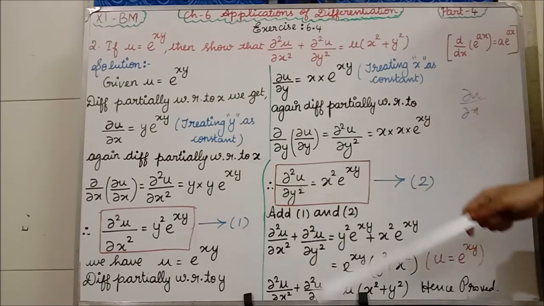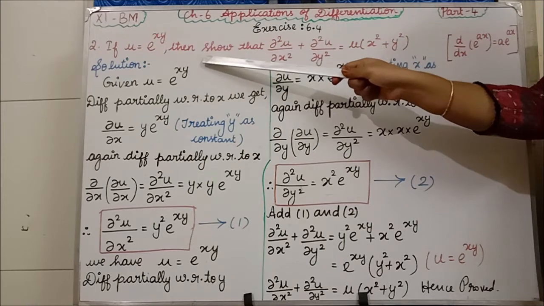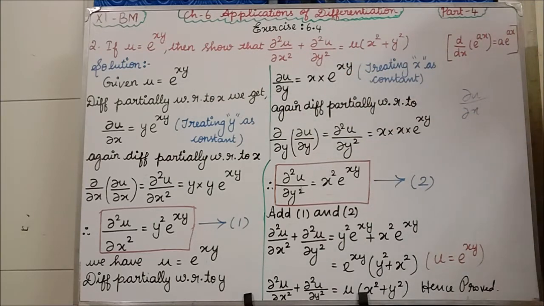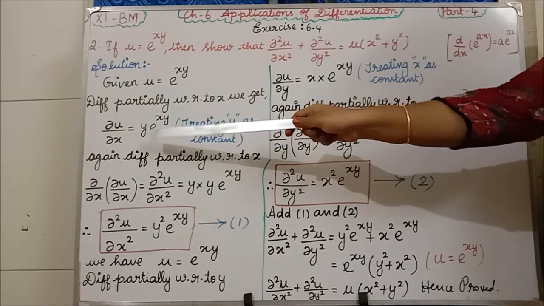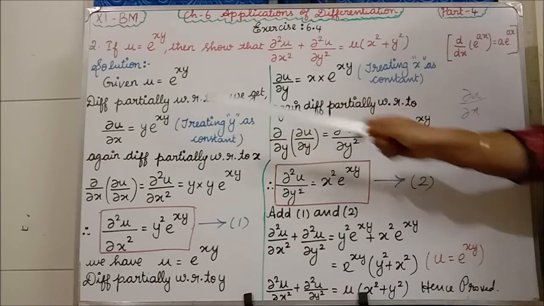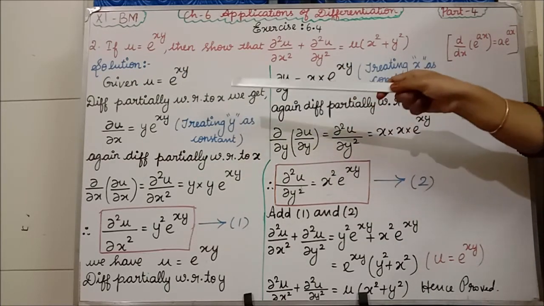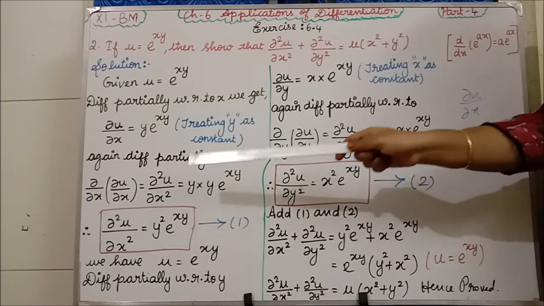Can I explain one more time? I am differentiating u equals e power xy with respect to x, so you have to treat y as a constant. That's why del u by del x is equal to y into e power xy. This we differentiate again so that we will get del square u by del x square.